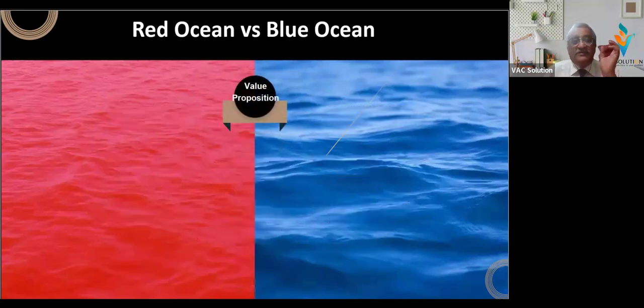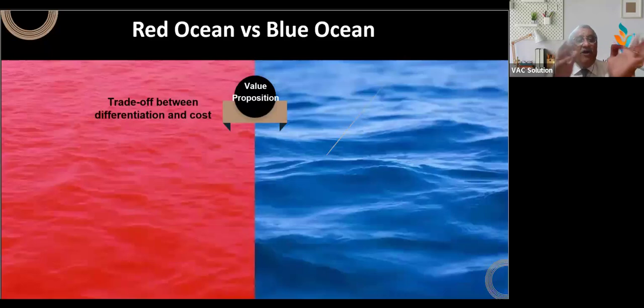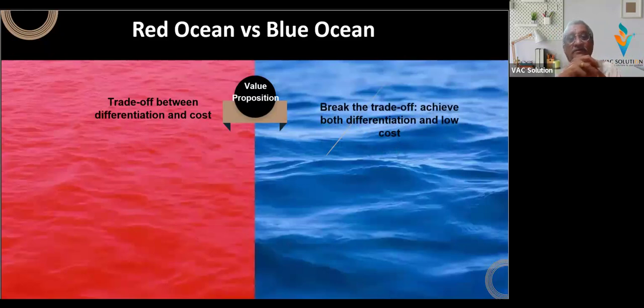In terms of value proposition, there is a trade-off between differentiation and costs. As I was telling just now, in a Red Ocean, there is always a trade-off between the value and the cost. When you try to give a higher value, the cost also goes up because you have to create and innovate and give some extra features which is going to cost. But when it is the Blue Ocean, you break this trade-off.